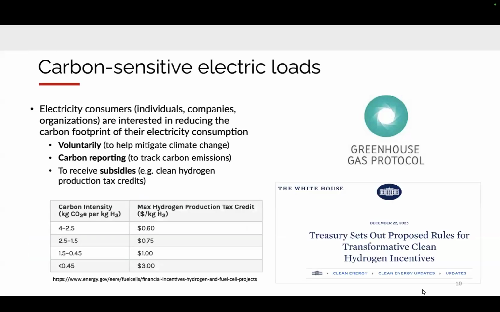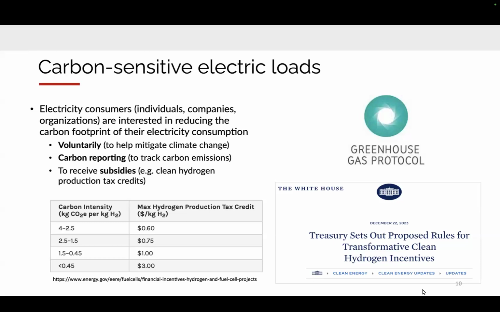In addition to this, there's been a recent shift, for example in clean hydrogen production, where there are electric loads whose profits and revenues rely on the greenness of the electricity that they are using.